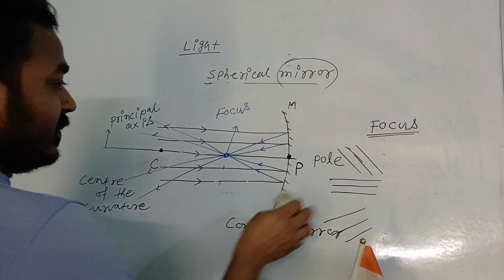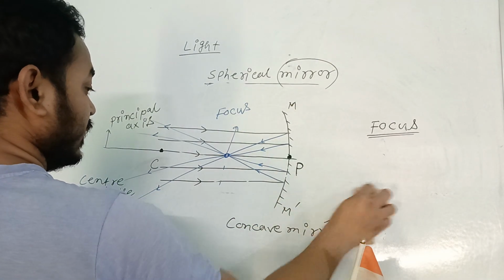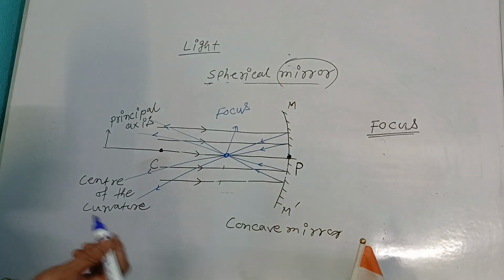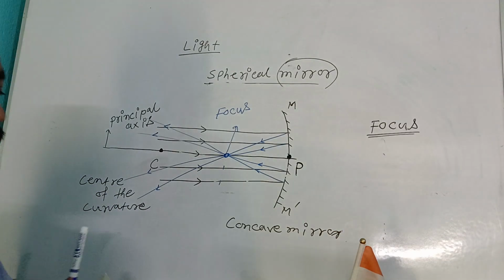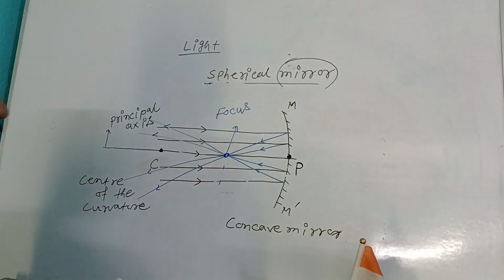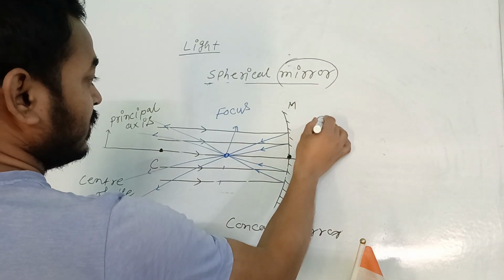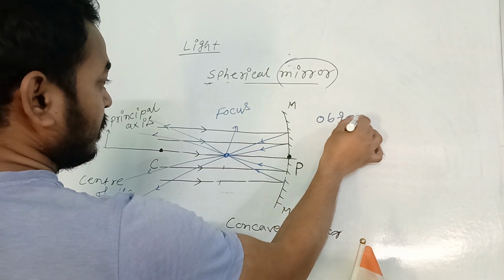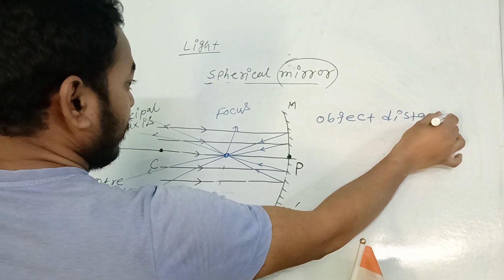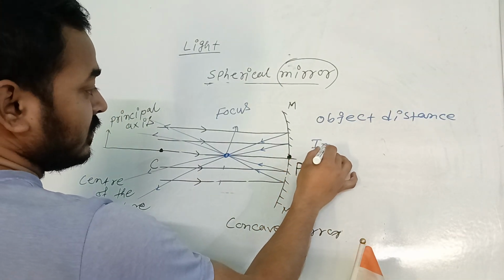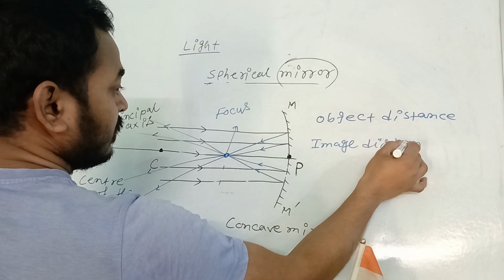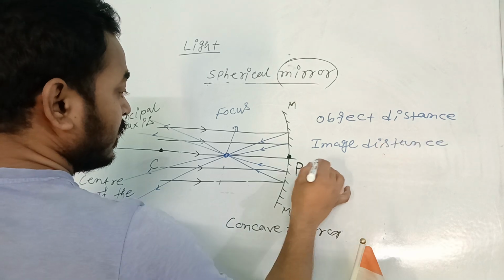Now, at the same time, just remember one point. A few minutes later we have to use these words: object distance, then image distance, then focal length.